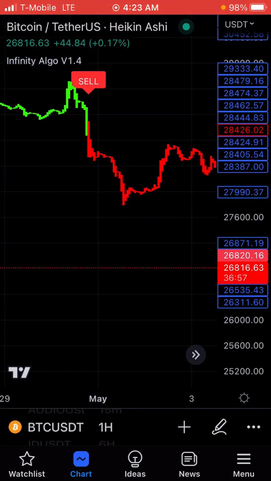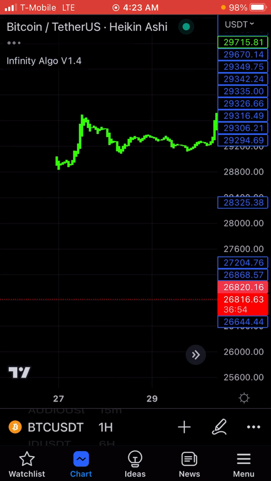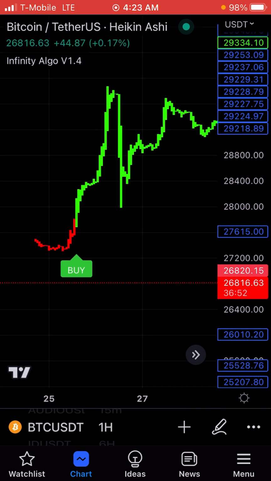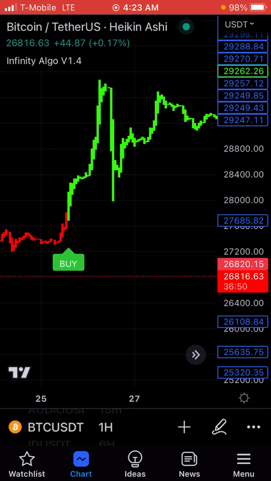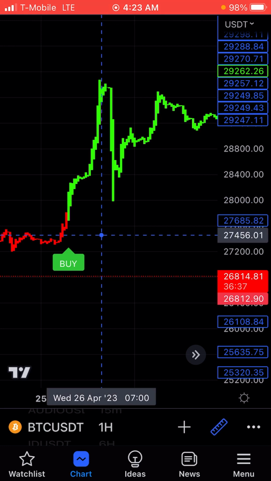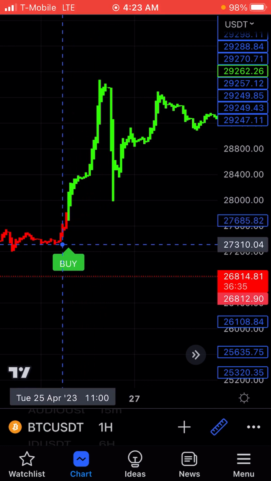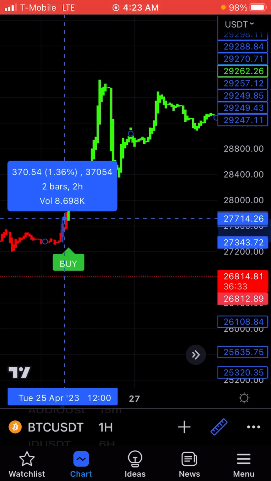Let's just look at a couple other examples. Now, you notice that when something is bullish, it prints in a green with the buy signal. When something is bearish, the candles will print red with the sell signal. We see a buy signal right here, so we would come in here and ride it out.